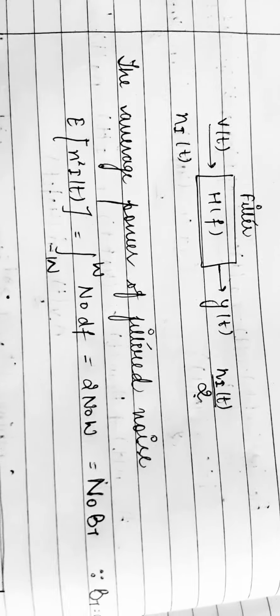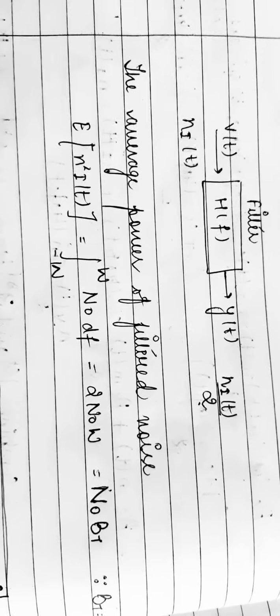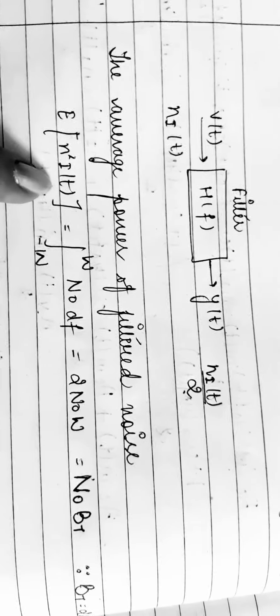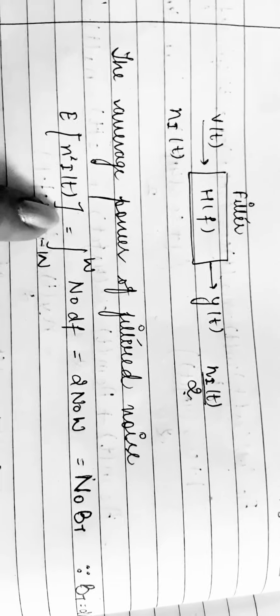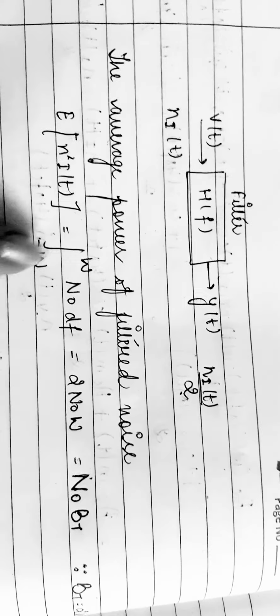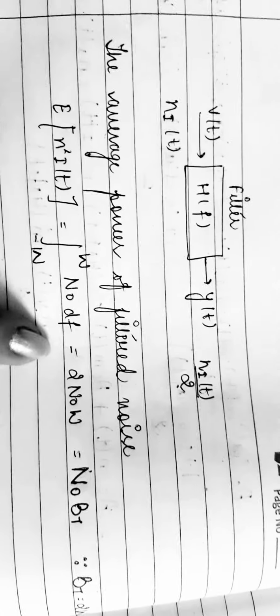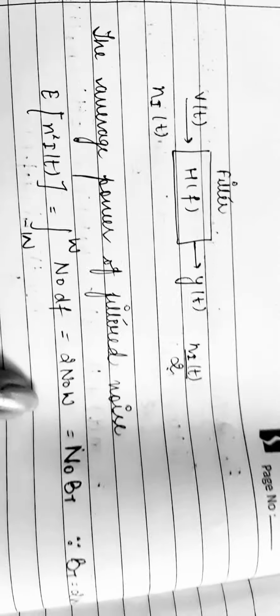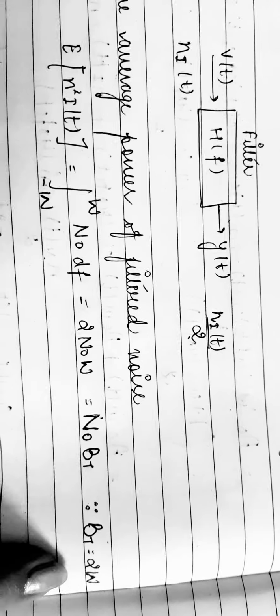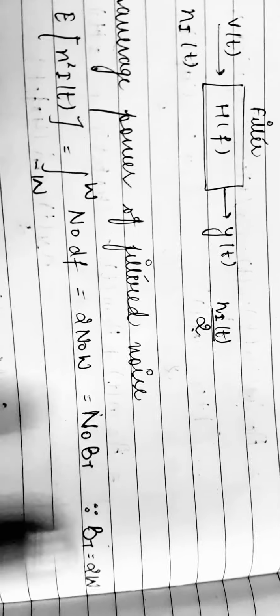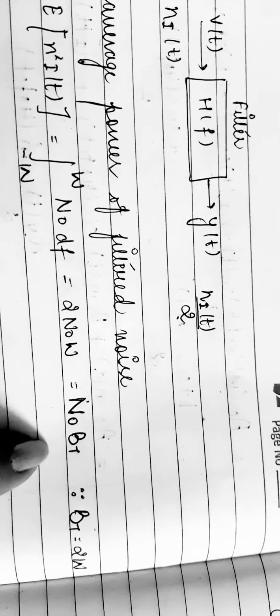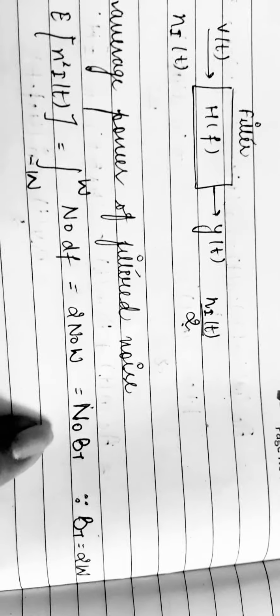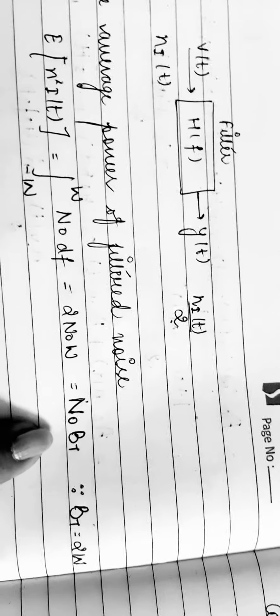So the average power of the filtered noise, that is the expectation of n_I²(t), is equal to the integral from minus W to W of N_0 df, which is equal to 2N_0 W. Now since we know that the transmission bandwidth is equal to 2W, in place of 2W we can put the transmission bandwidth, that is N_0 B_T.